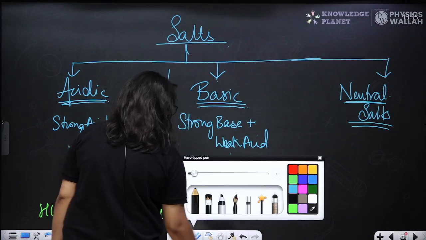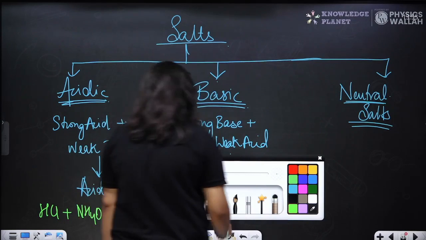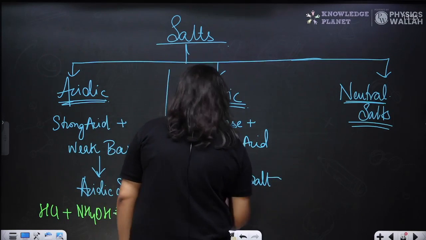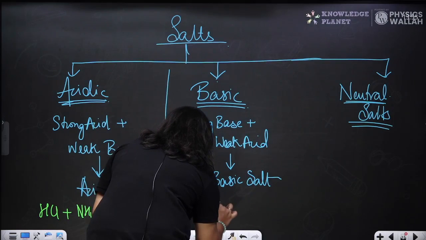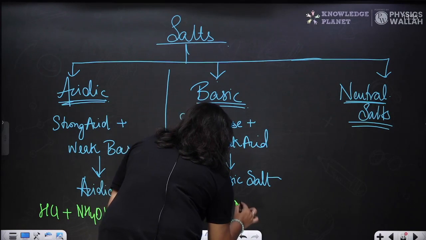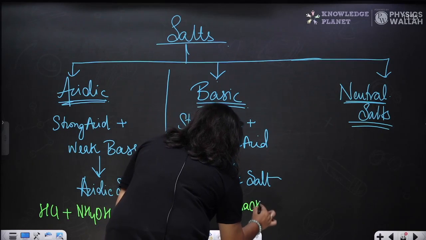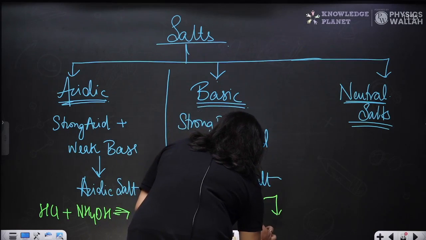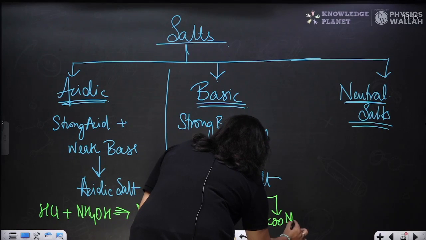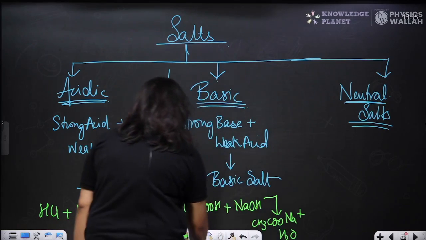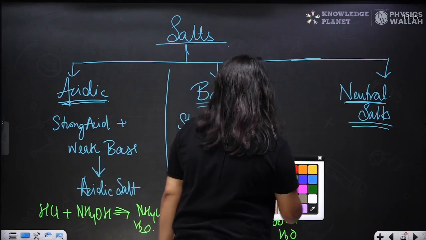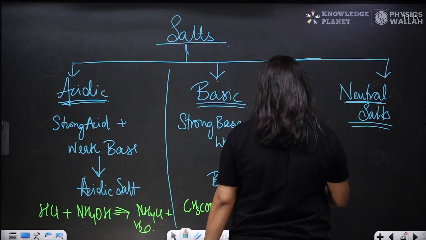Example for this can be when acetic acid, CH3COOH, which is a weak acid, interacts with sodium hydroxide. What we get is sodium acetate plus H2O. So this is about basic salts.